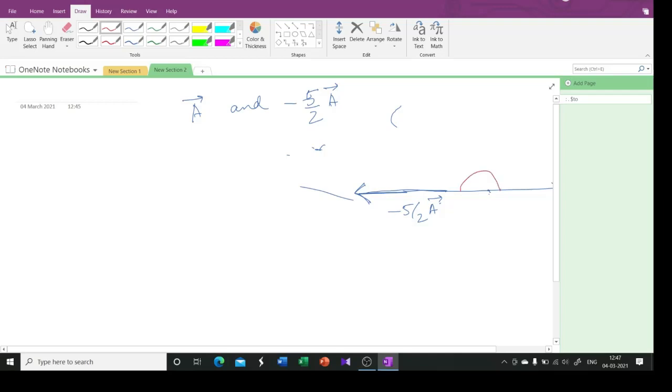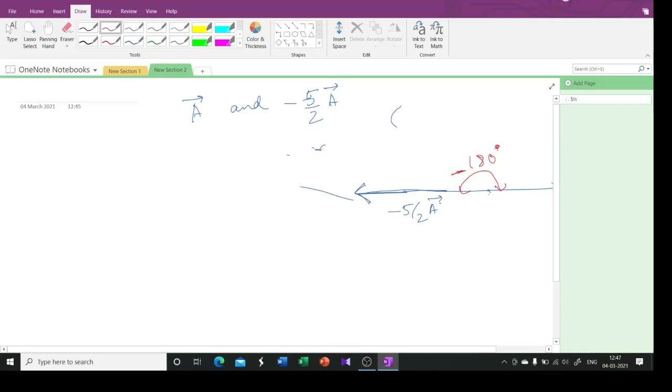You can see, right, pretty straightforward. This is 180 degrees. And isn't it obvious? Because this is a vector and this is a scalar times negative of A. So of course this vector would be anti-parallel to A. So the angle between them is straightforwardly 180 degrees only. No difficulty in understanding that.